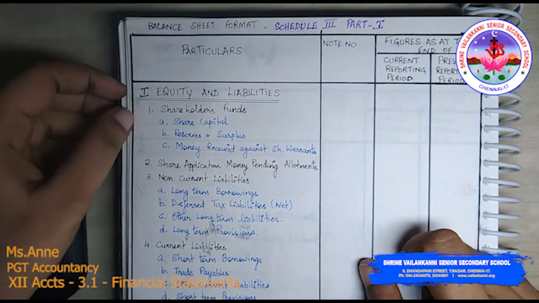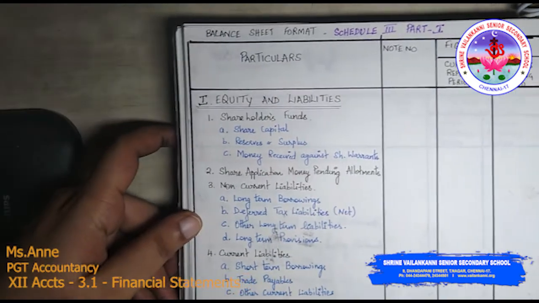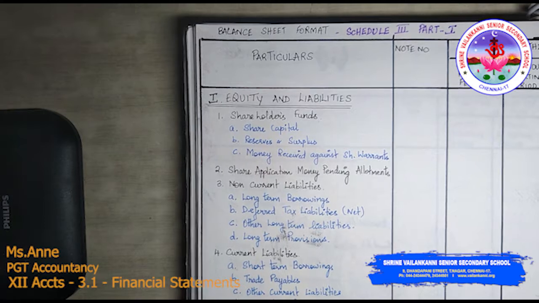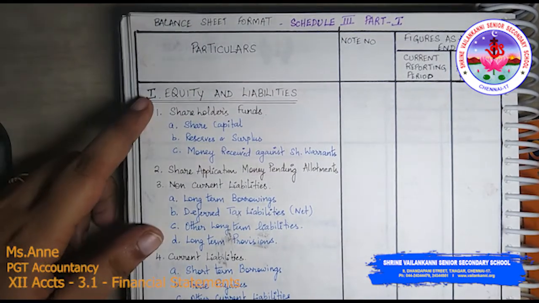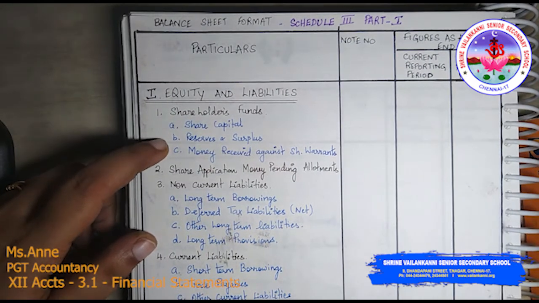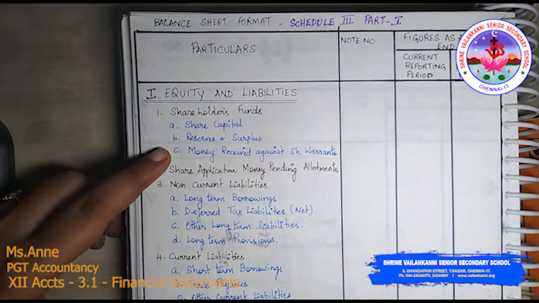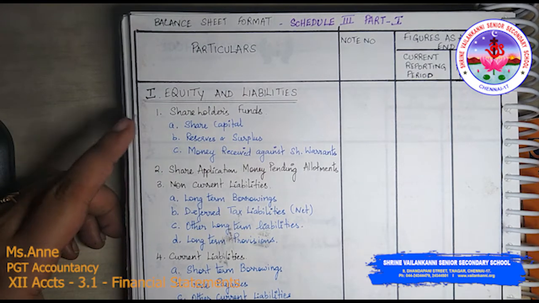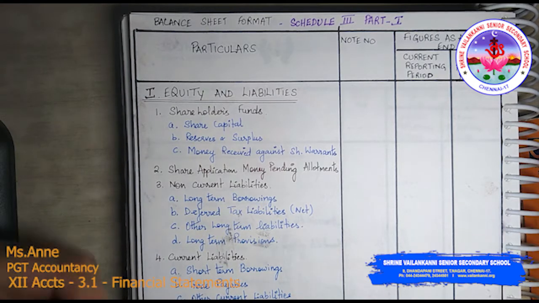First will be equity and liabilities. You have shareholders fund. I'm sure you're able to see properly. Under shareholders fund you have three things: share capital, reserves and surplus, and money received against share warrants. Money received against share warrants means you may have certain share warrants, meaning certificates.